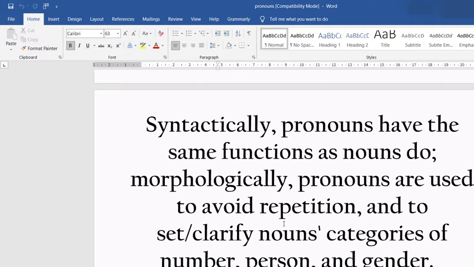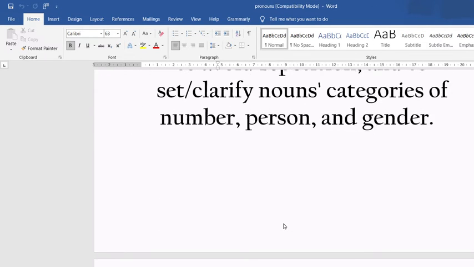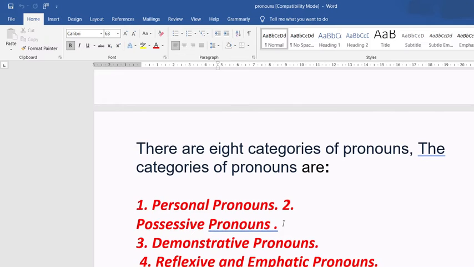So to get rid of the monotony of the repetition of the noun, we use pronoun here. Now see, what are the types of pronouns written there?